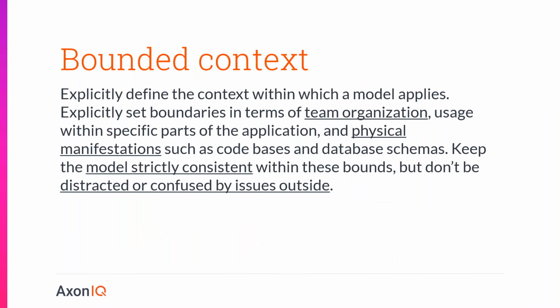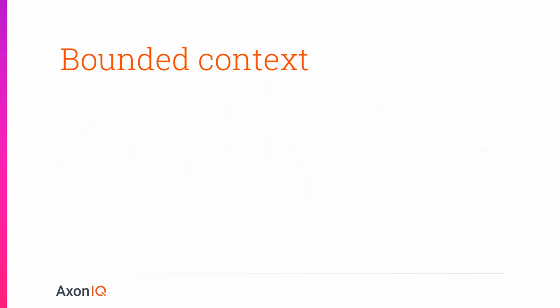And in DDD, there's a concept of a bounded context that we can use. And within a bounded context, components share a language. They share the understanding of what a specific word means and what attributes are important in that concept. Outside of the bounded context, components will have a different understanding, and there's probably a translation required to make these communicate.